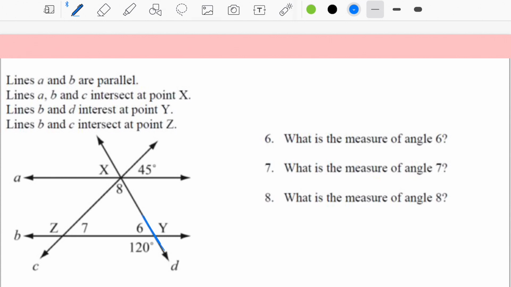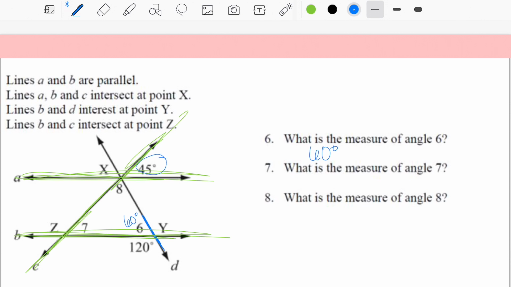120 degrees and angle 6 form a straight line, which means they're supplementary. So they sum to 180 degrees. So angle 6 will be 60 degrees. To find the measure of angle 7, and I know this one can be a little complicated to see, we have parallel line 1 with parallel line 2 that's cut by this transversal.